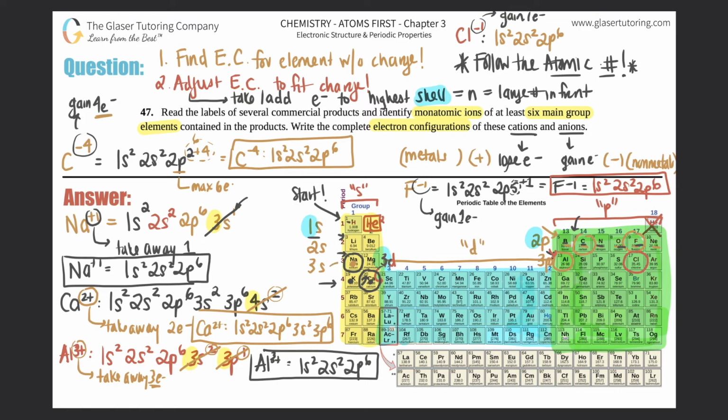Right now we're over here for sodium. So 3s2, and then 3p, 1, 2, 3, 4, 5. We need to gain 1. We're adjusting. So the 5 plus 1 will give us the maximum for the p's. So if I just erase this and put this as a 6, that would be the answer. And that's it. Whew. Crazy, right?